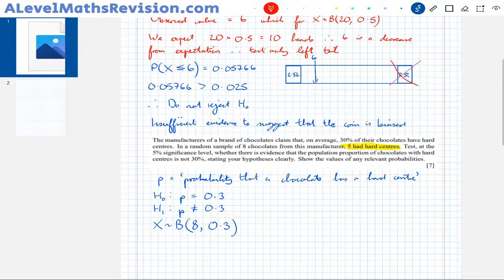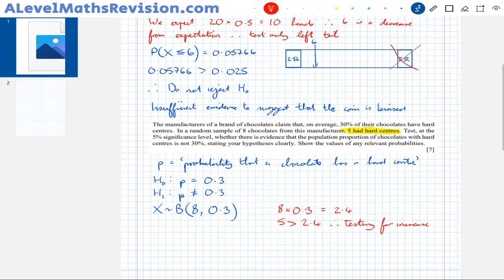Well done. 2.4. Because 8 times 30% of the chocolates have hard centers indeed means we expect to see 2.4 with hard centers. That means having observed 5, that's an increase. So 5 certainly is greater than what we expected. So testing for an increase.